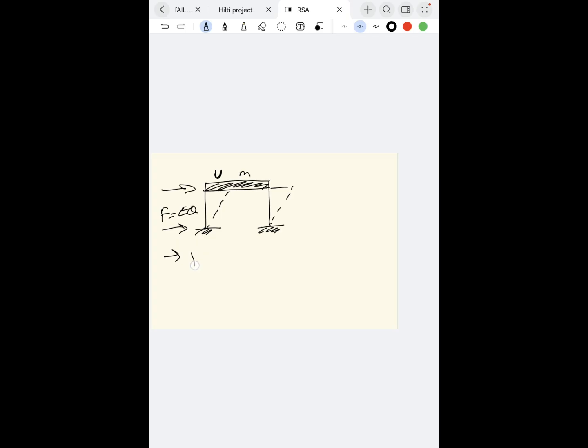Now, the shear force V is equal to U into K, that is, the relative displacement times stiffness.